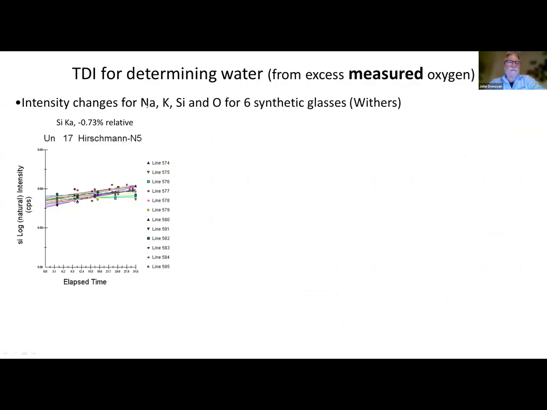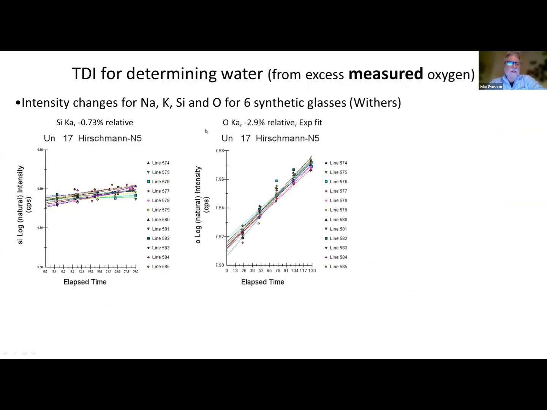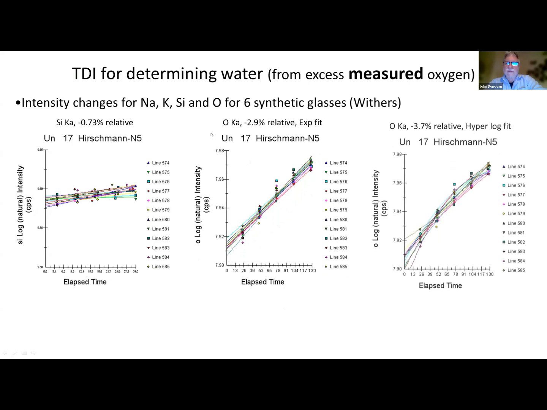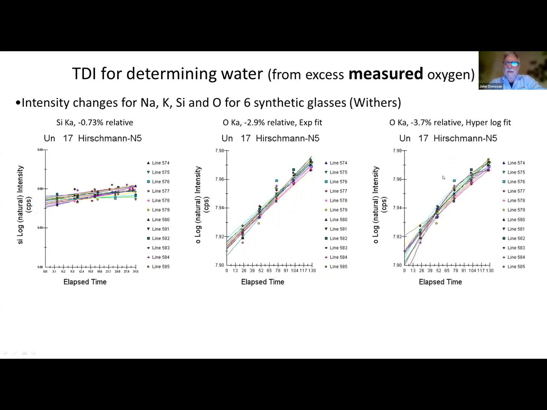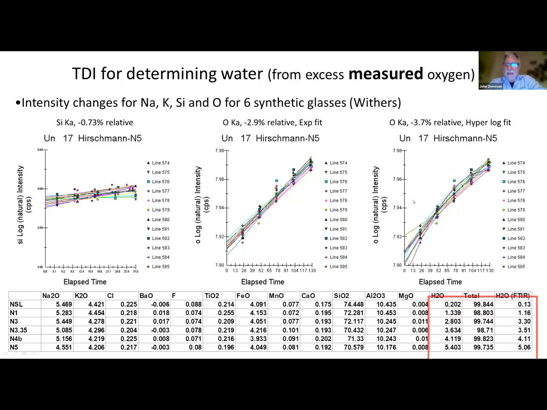I measured a number of elements, and as you can see, the silica changing over time, and the oxygen changing over time. Then we decided to do a hyper-exponential fit, and we actually did okay. So you can see the FTIR data here, and that agrees pretty well with the H2O measured through excess oxygen. So you can do that, but I will tell you, it is a lot of work.